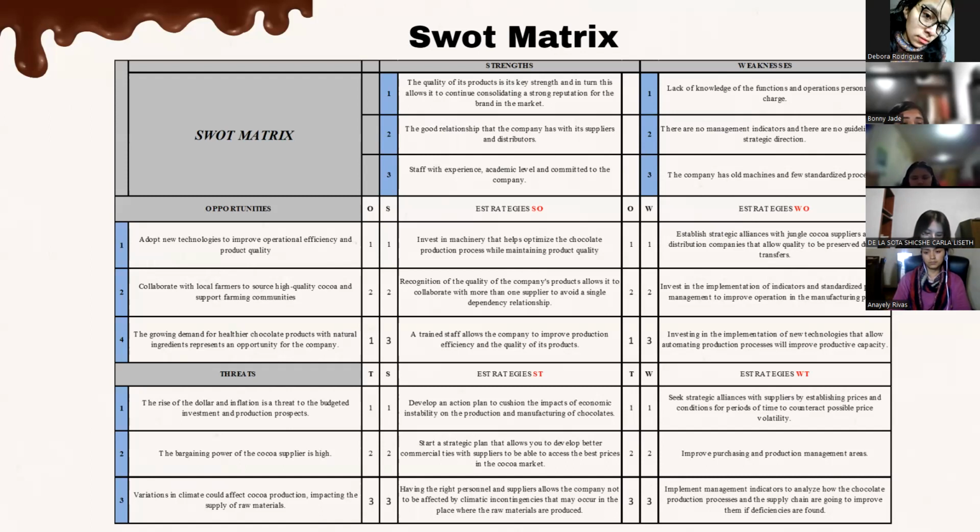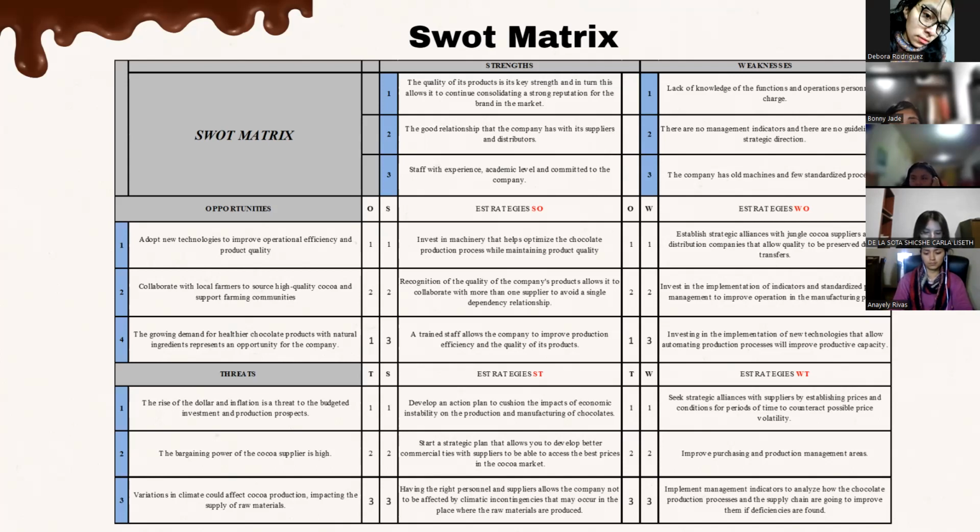In threats, we consider the rise of the dollar and unstable politics. The bargaining power of the cocoa suppliers is high too. And finally, variation in the climate could affect cocoa production, and it can impact the supply of raw materials, that is, the cocoa.